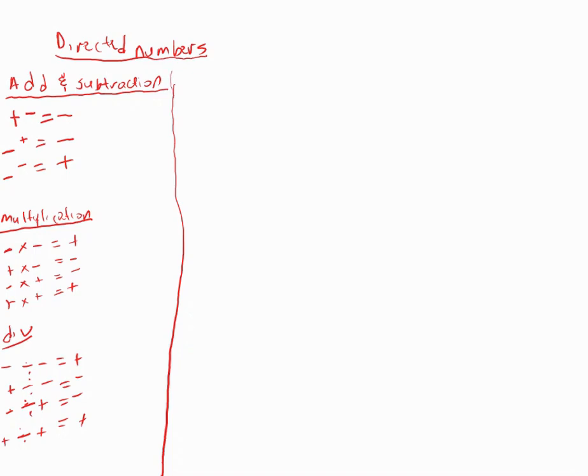So let's say we have 9 minus negative 9 minus 7, and maybe we have let's say 9 minus 7, and we also have negative 9 plus 7, and we also have 9 minus negative 7.